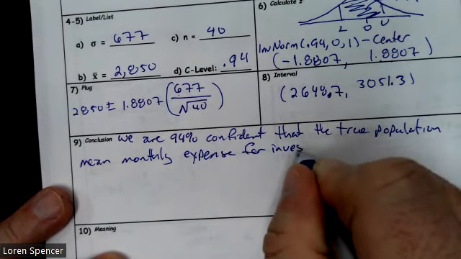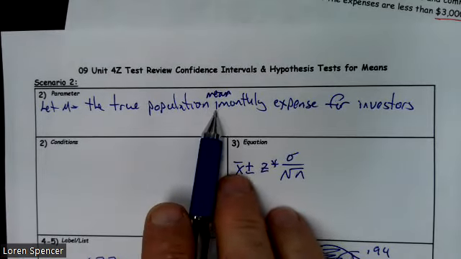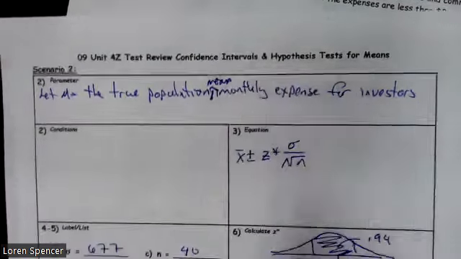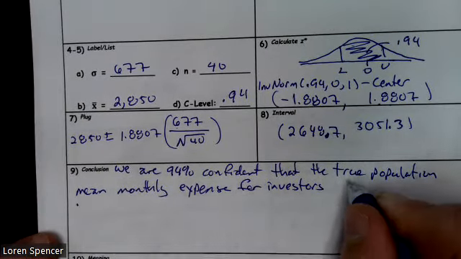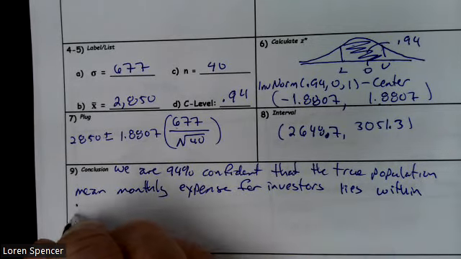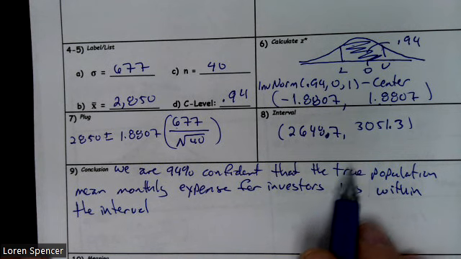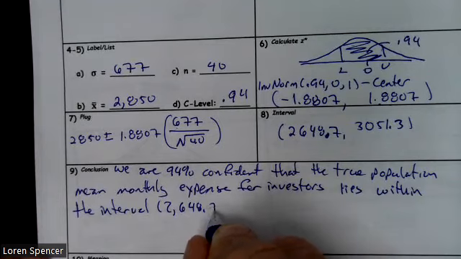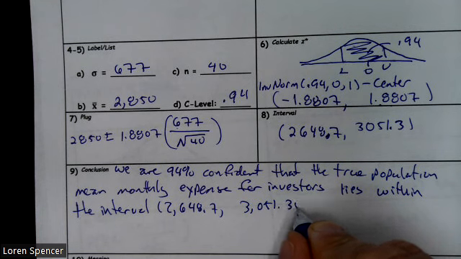Now that came from our parameter, that mu equal to true population mean monthly expense for investors. I left off mean earlier, so I had to come back and add that.